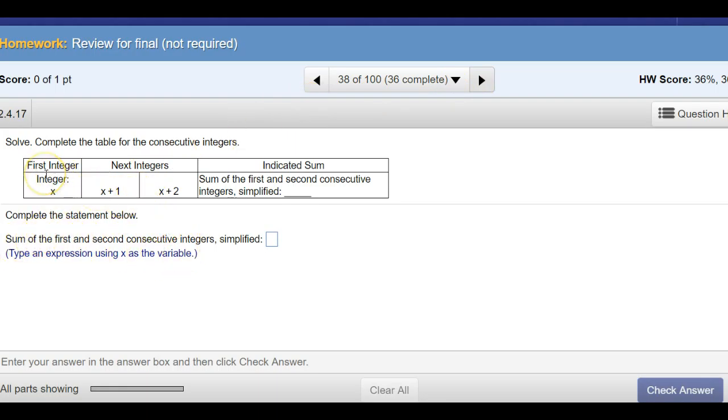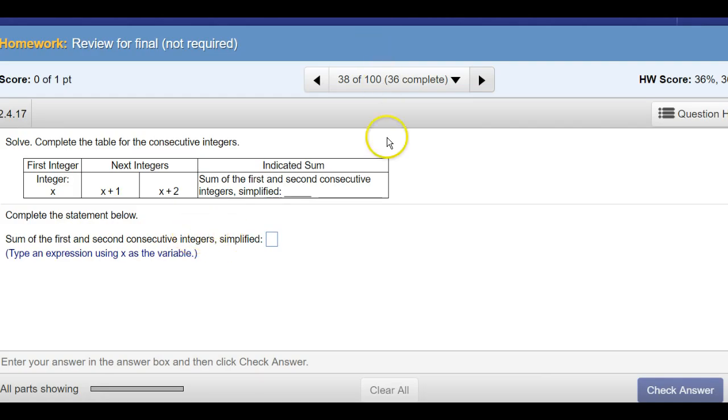Okay, now here they're giving us a little background. They're saying consecutive integers. X is the first. This would be like a 5. Then 5 plus 1 is 6. 5 plus 2 is 7. Now they want us to find the sum of the first and second consecutive integer.